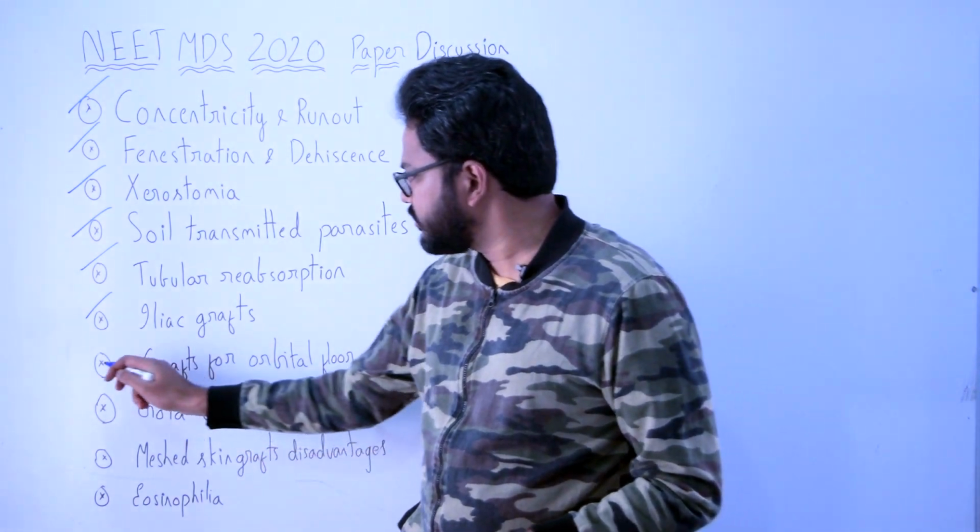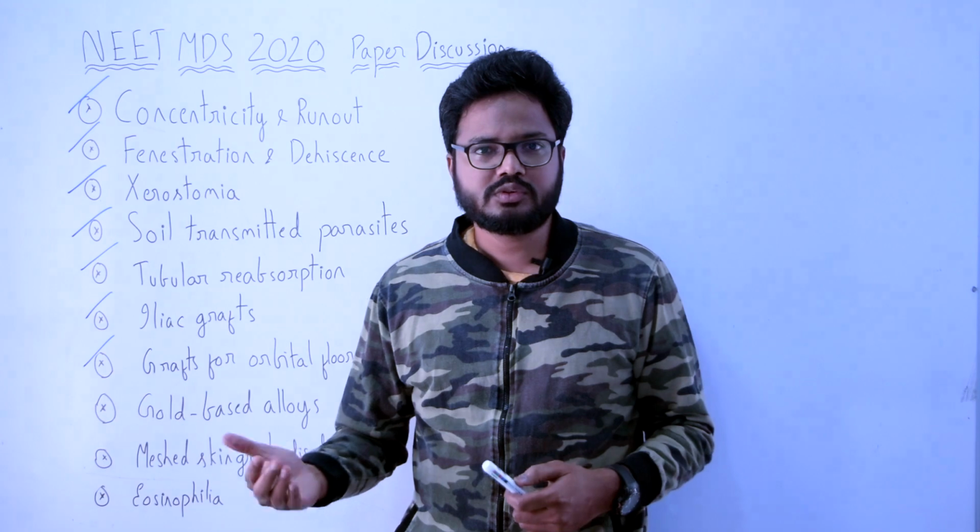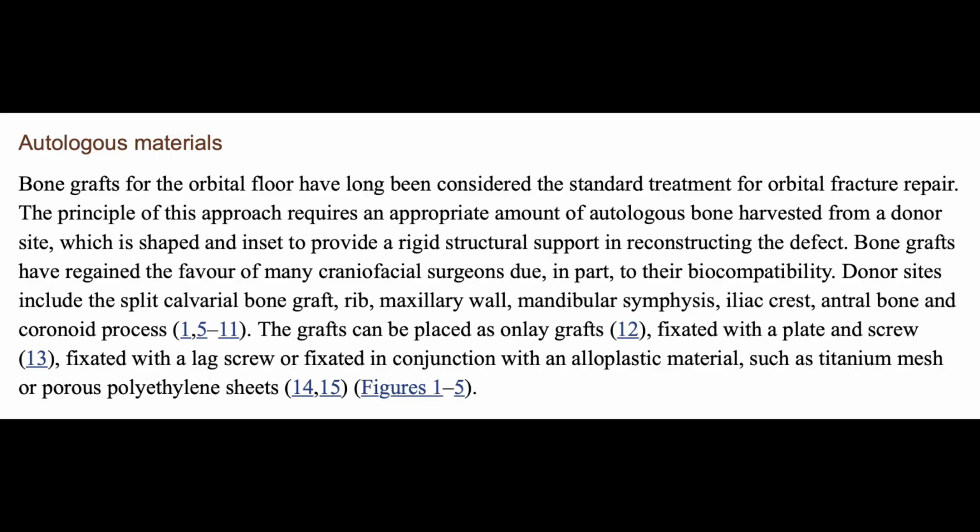Now let's move on to the next question, graft for orbital floor reconstruction, which is the most commonly used donor site, right? If you review literature, in case of reconstruction of the orbital floor, you have the following materials available, autologous materials. Bone grafts for the orbital floor have long been considered the standard treatment for orbital fracture repair.